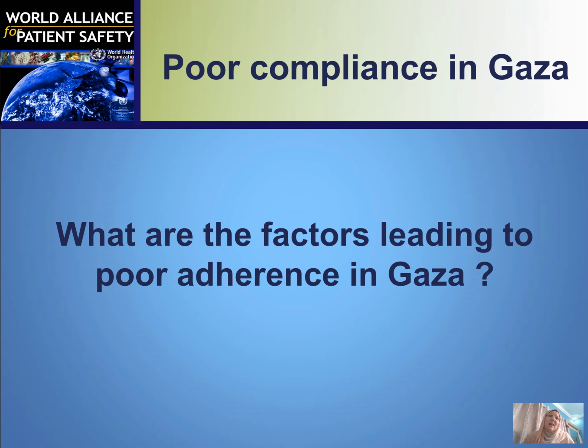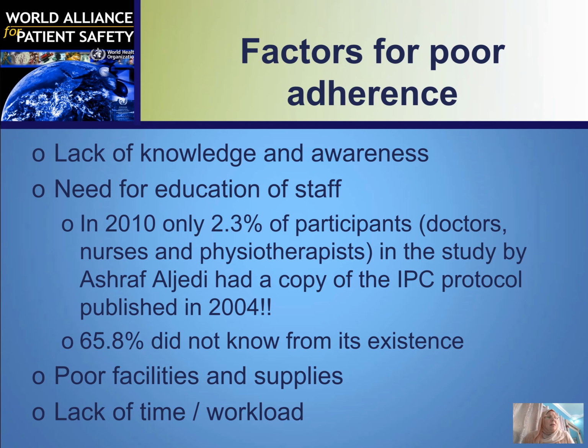So what are the factors leading to such poor adherence in Gaza? It is, of course, a lack of awareness and a need for education of staff. The 2010 study that looked at the protocol adopted by the Ministry of Health showed that only 2.3% of participants actually had a copy of this infection prevention and control protocol, and only 65.8% knew of its existence.